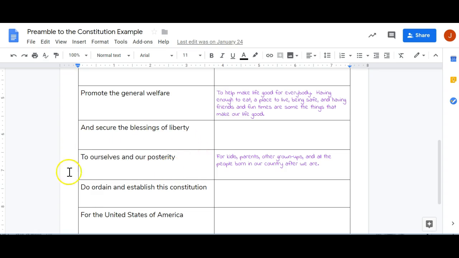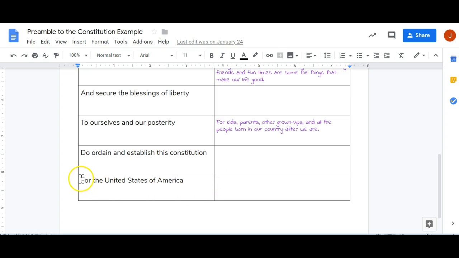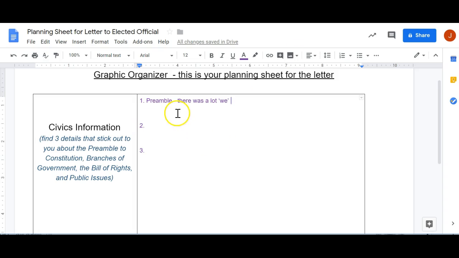It's talking about everyone. And even in the last line, for the united, that's all of us, States of America. So that is what I meant by in the preamble. This is what stuck out to me. There was a lot of talk about we.